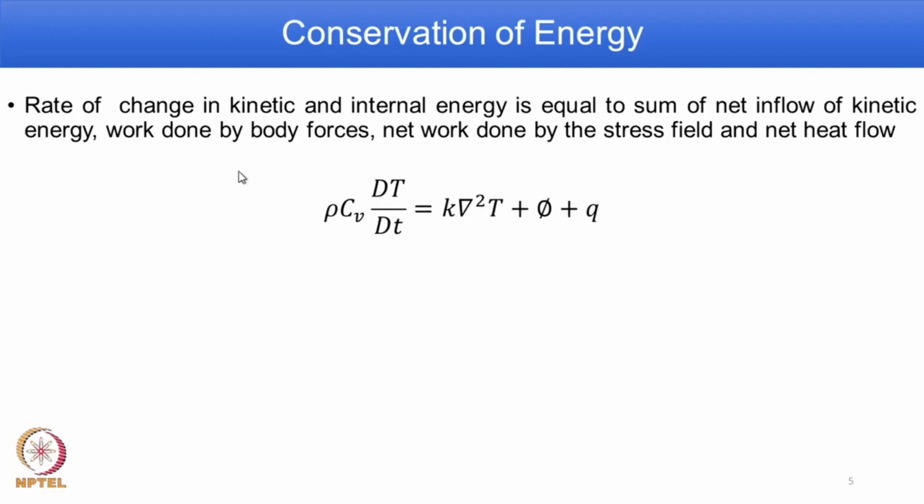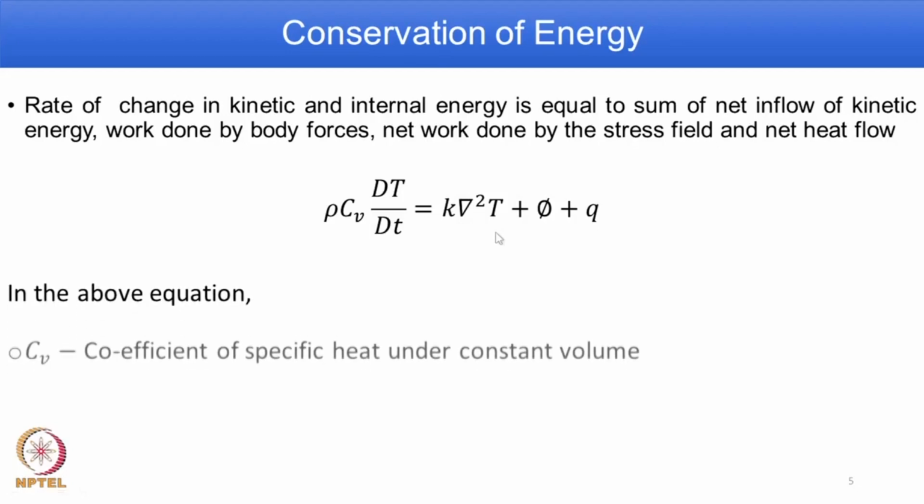And this definition is applied, then there are many arithmetic operations. Finally, the form that is given here is rho Cv d by dt of temperature on left hand side, and there are 3 other terms on the right hand side.